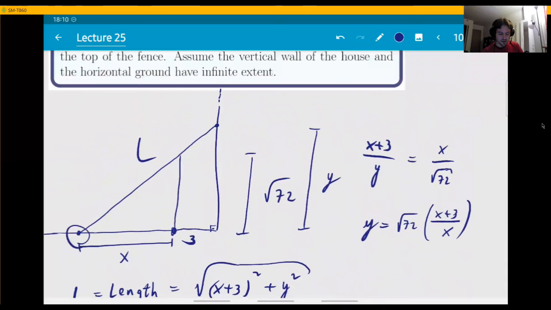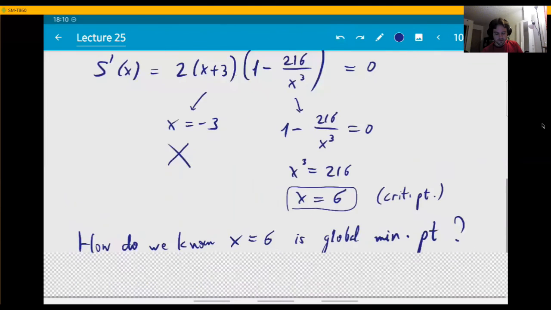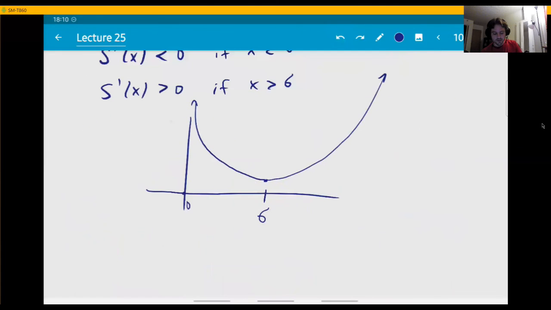That means you're taking this end of the ladder all the way to an infinite distance. That's causing the length to go to infinity. Similarly, when x was very close to 0, remember that was also a ladder that's getting larger and larger. So this is what the S function looks like. From drawing this picture, you can see that this is a global minimum value.